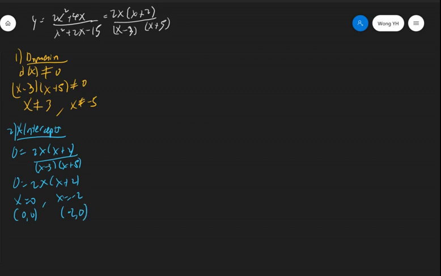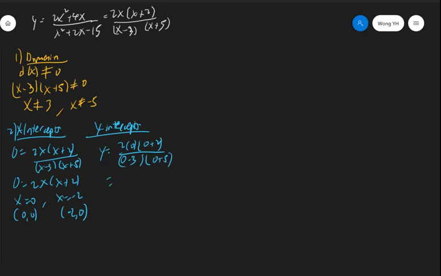All right, next we move on to find the y-intercept. For the y-intercept, we put the y here, then all the x we label as 0. So 0 minus 3, 0 plus 5. So what do we get?